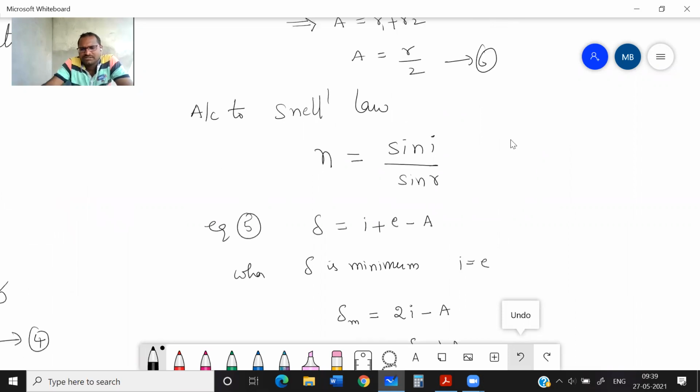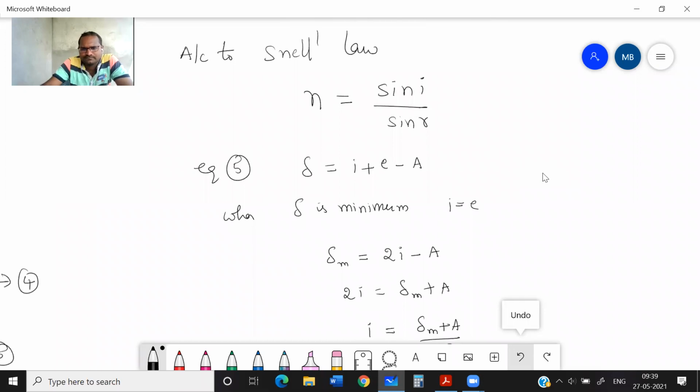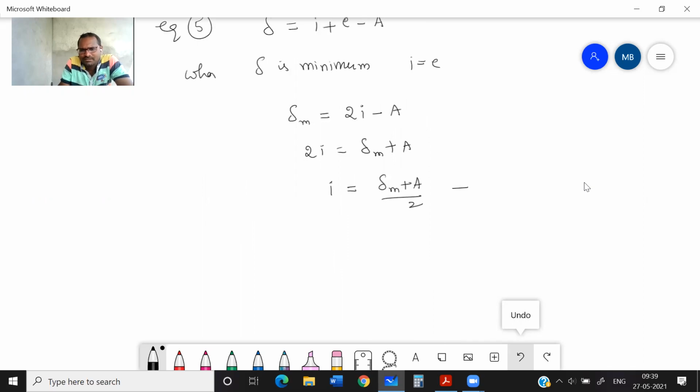This is equation number 7. This is equation number 8. Substitute equations 6 and 8 in equation 7. What you will get?